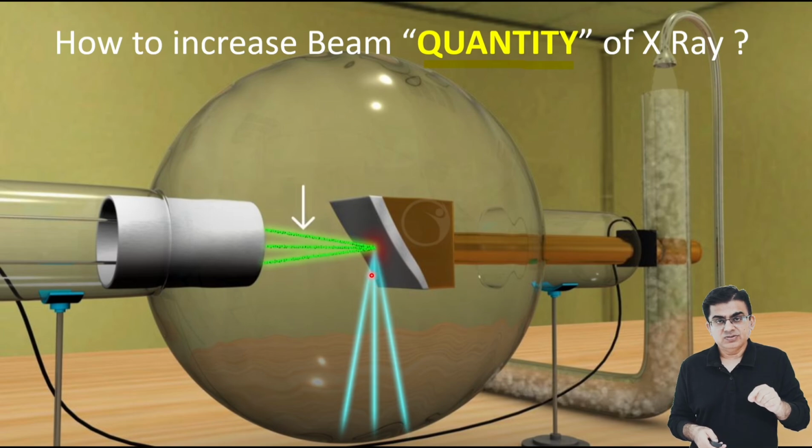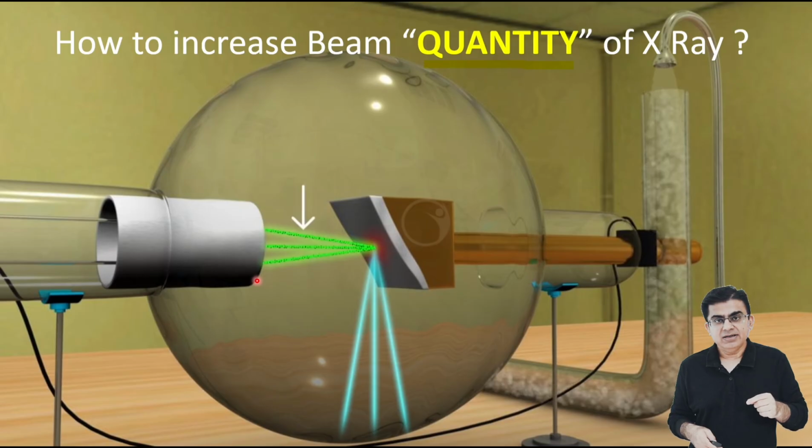If we want to produce a higher quantity of X-rays, we simply need to fire more electrons. How do we do that? We do that by simply increasing the electrical current flowing through the cathode filament. What happens when you increase the current?